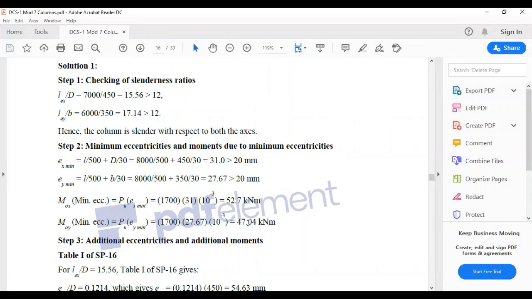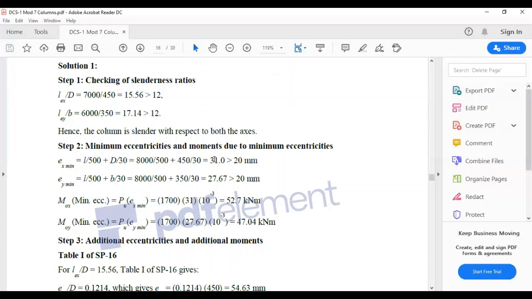Now next step is to find minimum eccentricities and moments due to minimum eccentricities. So minimum eccentricity in the major direction is given by this formula, L upon 500 plus D upon 30, where L value is 8000 and D value is 450.